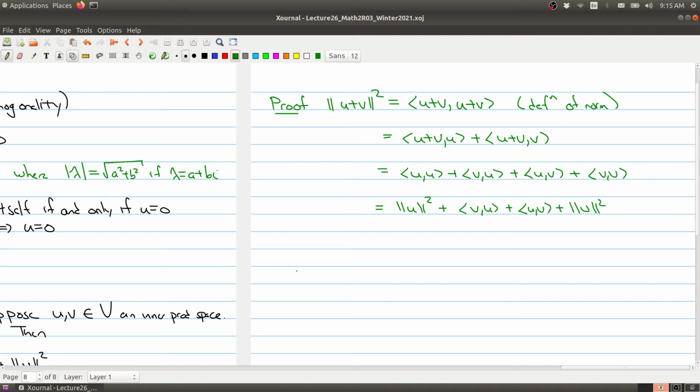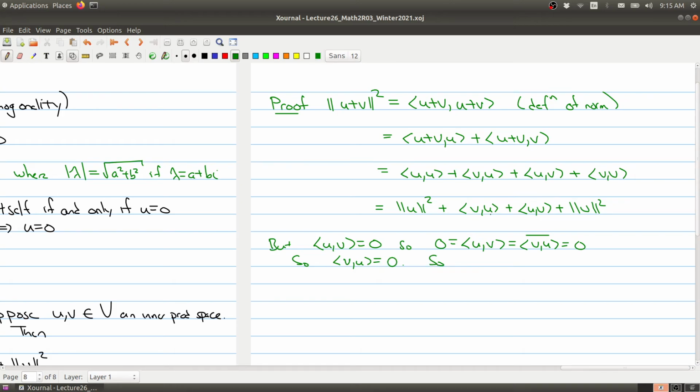Now we use our hypothesis that u and v are orthogonal, so the inner product of u and v is 0. The inner product of v and u is the complex conjugate of the inner product of u and v, which is also 0. So we have that the inner product of v and u is 0.